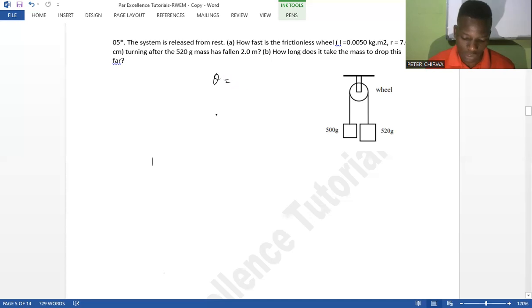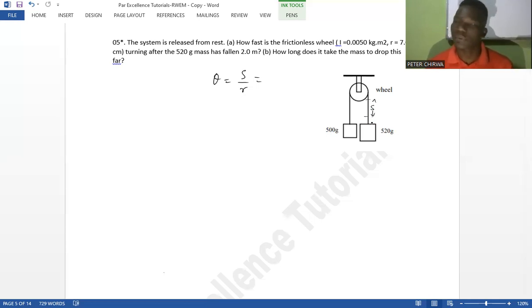our angular displacement, which is s over r, and for the s we've been told that it has fallen 2 meters. That 2 meters is the distance that is going to act like the arc length.